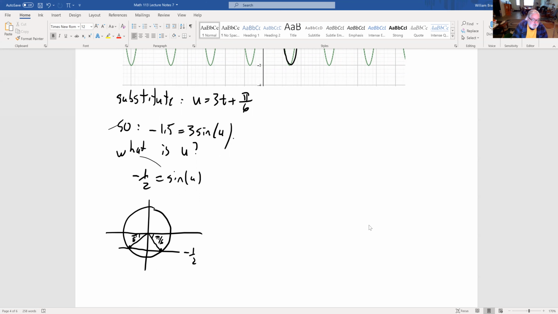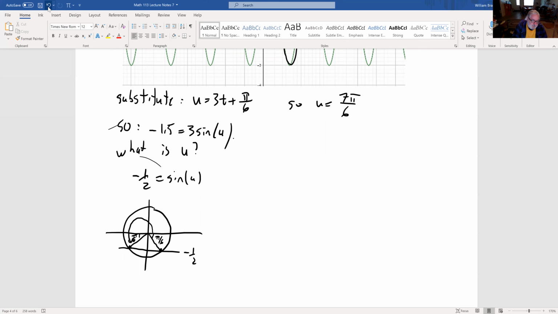Which means, what are the two angles we're looking for between 0 and 2 pi? That is 5 pi over 6. Oh, sorry, 7 pi over 6. Right?